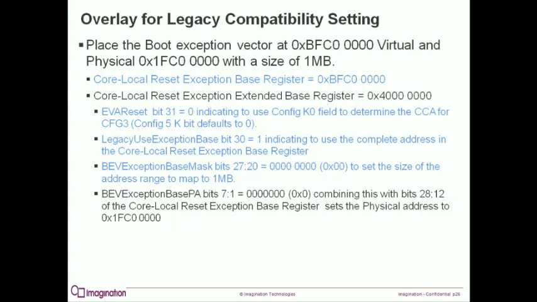Note that the physical address can be set to another address and the core still be considered in legacy base setting because it still uses the virtual address of BFC00000.